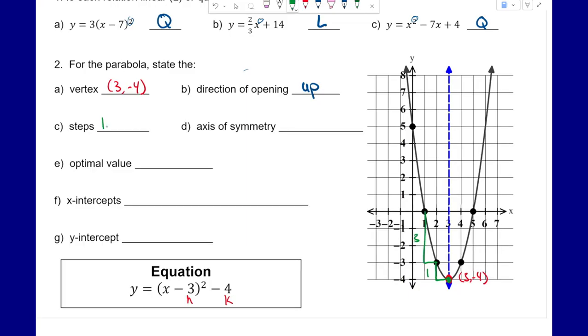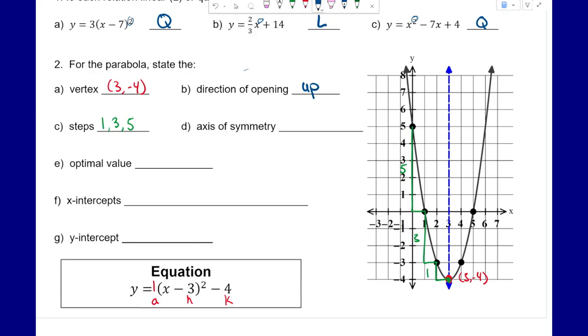That's a step up of 3. That's my next step. And I continue, go over 1 again, go up until I hit my graph. That is a step up of 5. So my steps are 1, 3, 5. Again, we could have gotten that from the equation because the a value is 1. So we could have determined that.